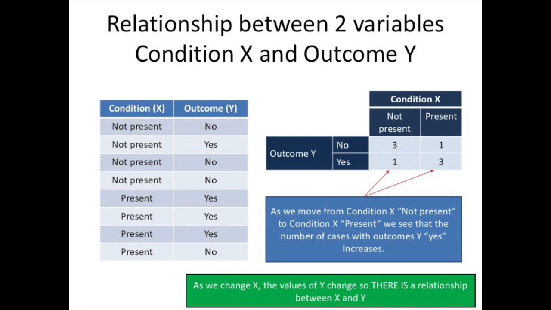But for people who have the condition present, most observations do have the outcome Y. So as we're moving from the condition not present to present, we see that the outcome is more likely to become yes. For those who have the condition, the outcome is more likely to be yes. So if we change values of X, we observe a change in values in Y. That means that there is a relationship between X and Y.